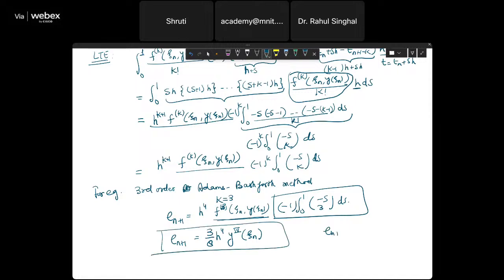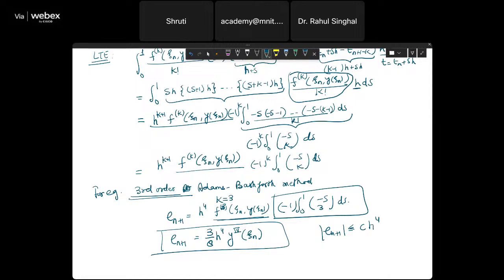It shows that e n plus 1 is of order h to the power 4. So the local truncation error is of order h to the power 4, and the global truncation error will be of order h to the power 3, and therefore our method is known as the third order Adams-Bashforth method.